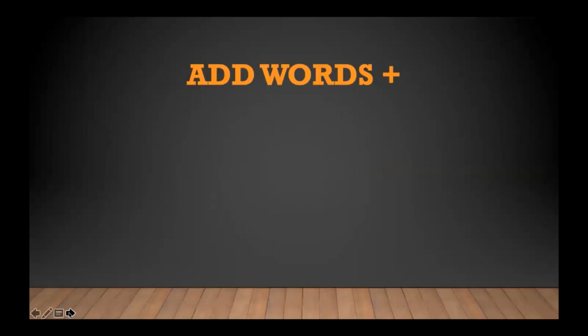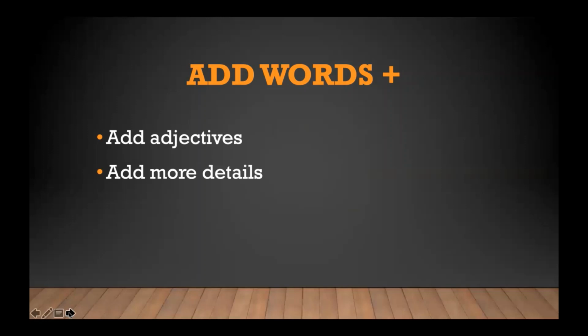Let's look at the first category, adding words. We can add adjectives. By adding adjectives, we are adding more details, right? Adding more details will create a better image in our readers' minds.